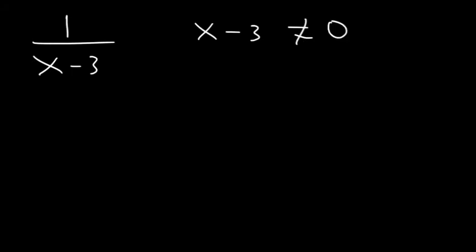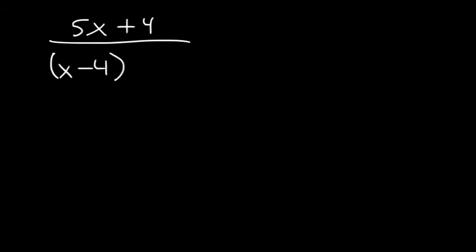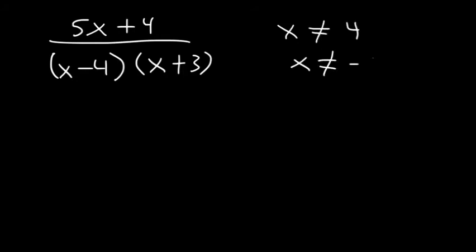So here's another example. Let's say we have the function 1 over x minus 3. The denominator cannot be 0. So x cannot be 3. Therefore, the domain is everything except 3. That's how you'll write it. Let's say we have this. x cannot equal 4, and it can't equal negative 3.